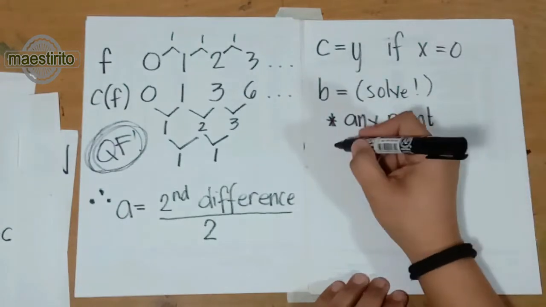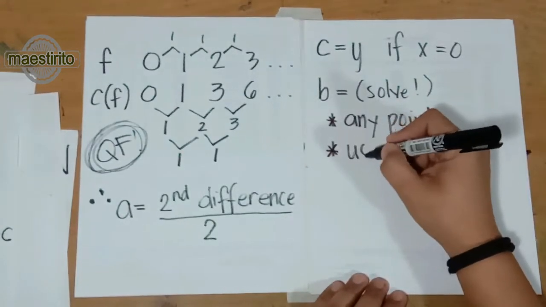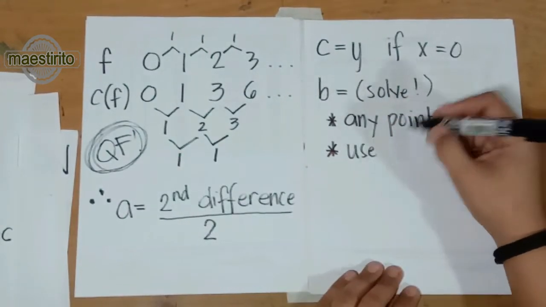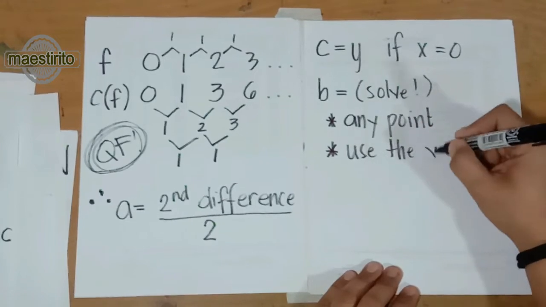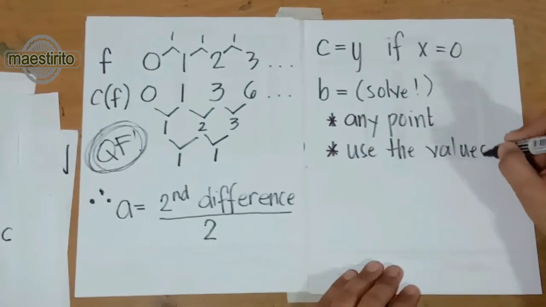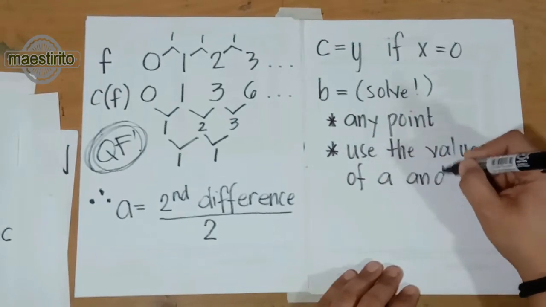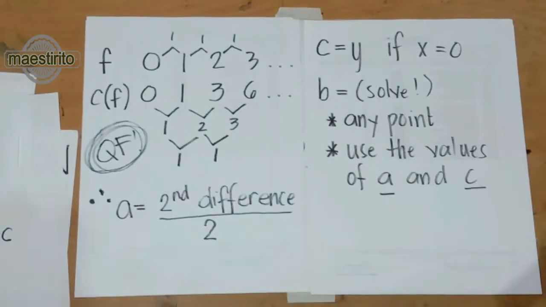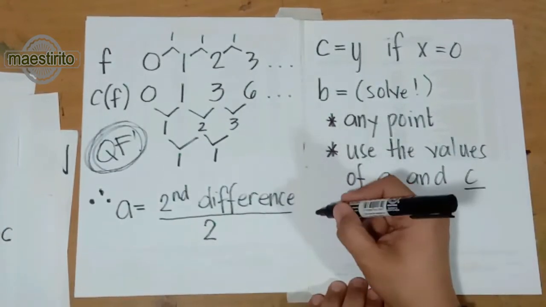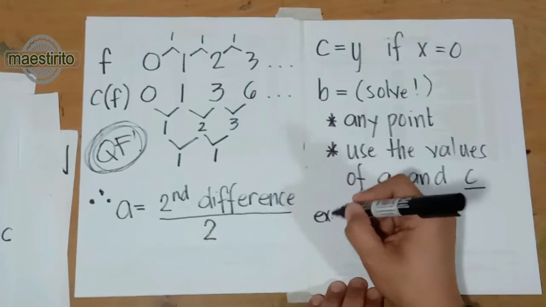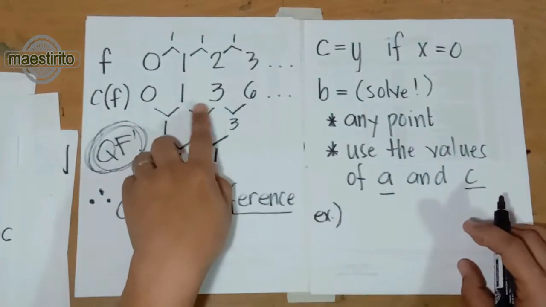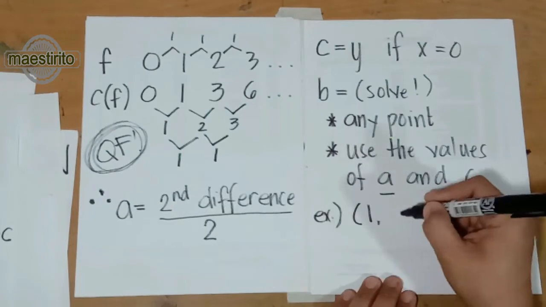And then the next one is to use the values of A and C. So how is that? Okay, let's try this. As an example, I'll be using the point 1, 1. Okay, 1, 1.